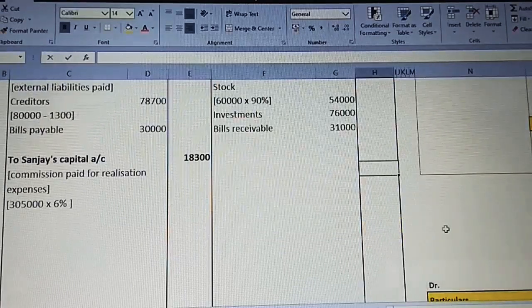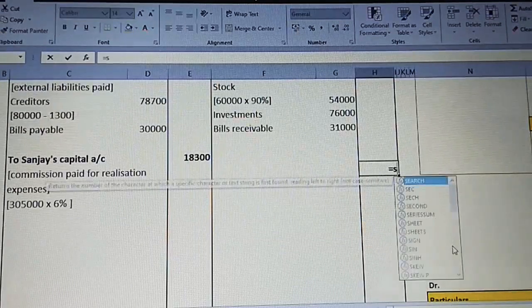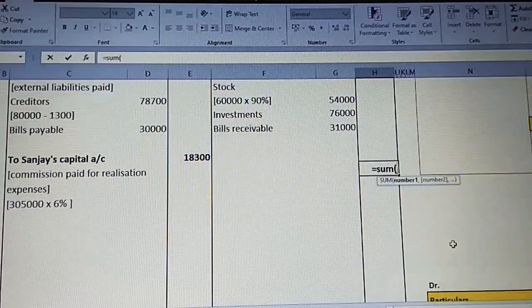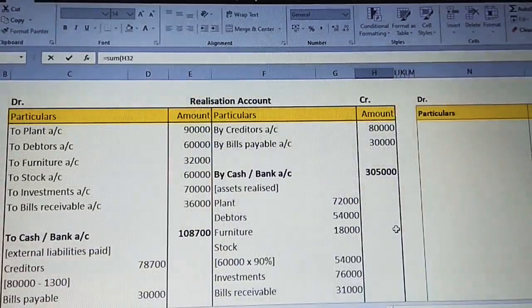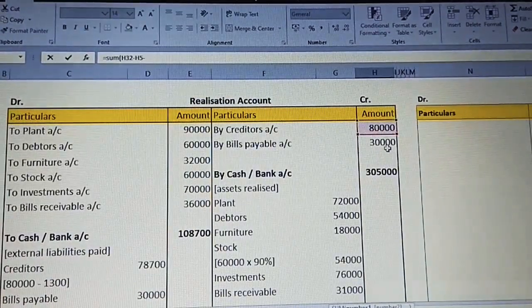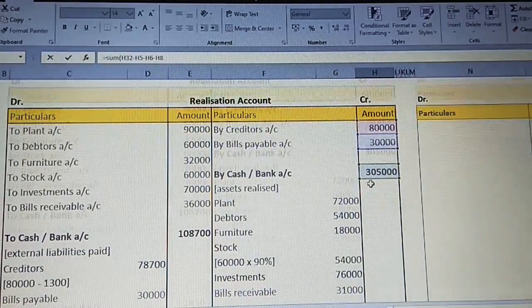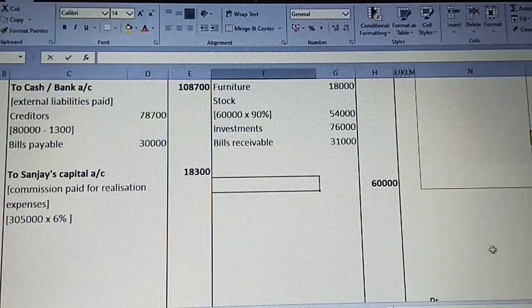If debit side is greater, it is going to be a loss for us. So let us just check what could be the loss. 4,75,000 minus 60,000 is going to be the loss that's going to be suffered by the company, the partners.